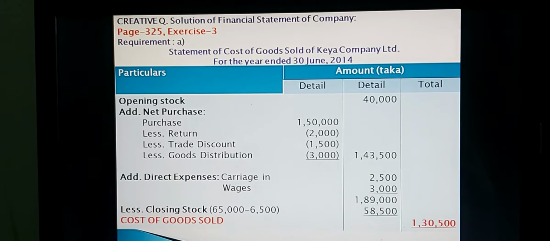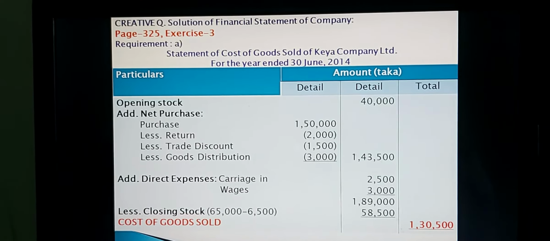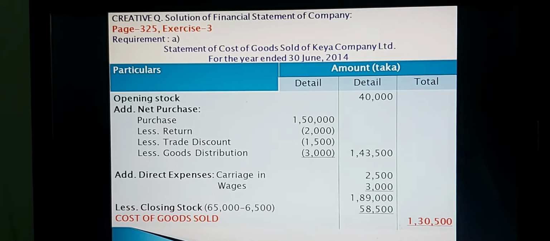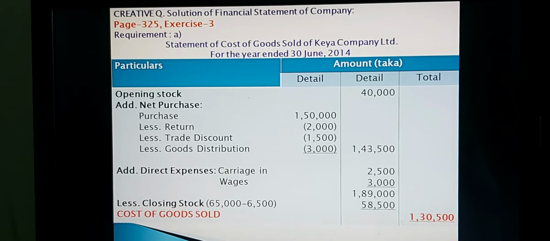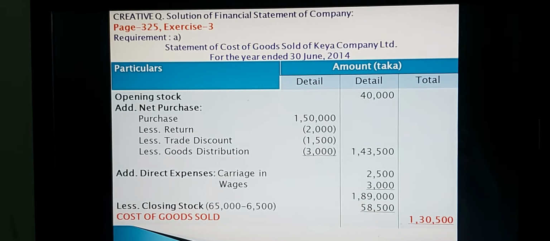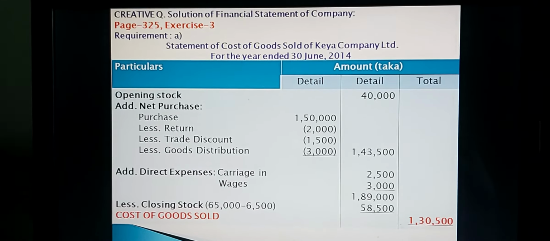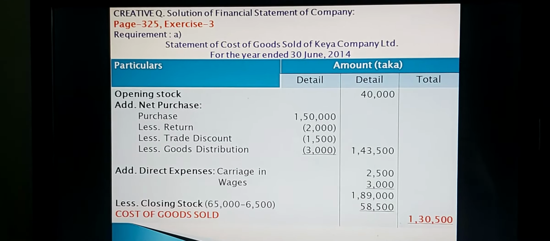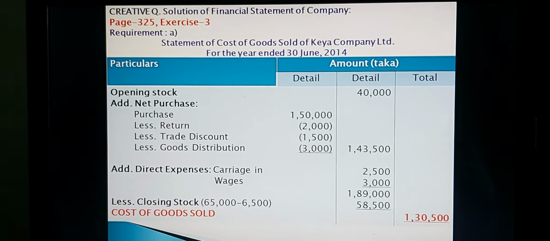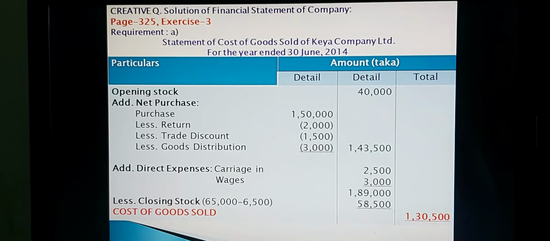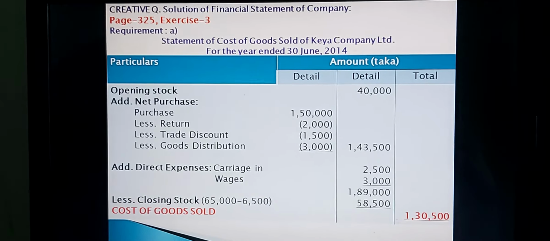Then the third head of cost of goods sold is direct expenses. In the trial balance, direct expenses are available, first one carriage inwards 2,500. You have to write in the middle column. Then wages amount Taka 3,000 is available in the trial balance.